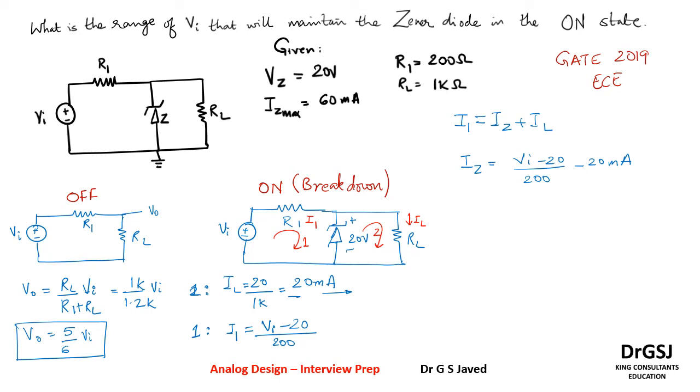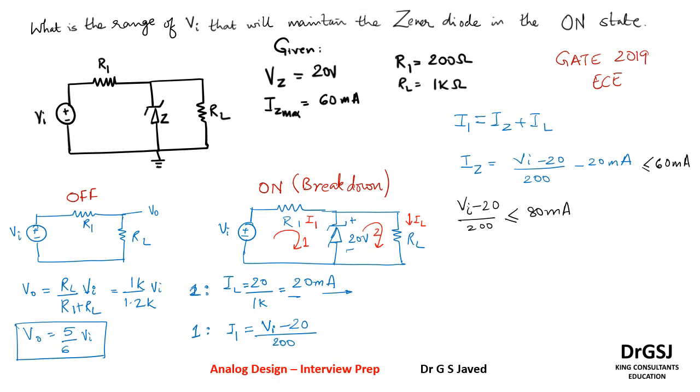For Iz max, the maximum amount of current that you can support is 60 milliampere. So this value in all conditions has to be less than 60 milliampere. Now if you simplify, Vi minus 20 divided by 200 is less than or equal to 80 milliampere.